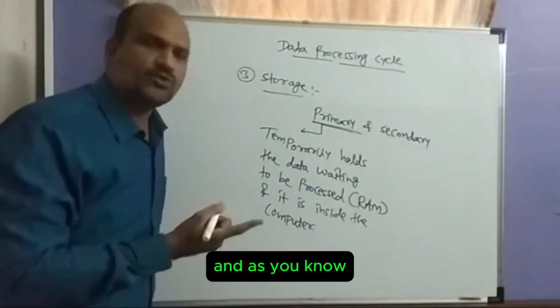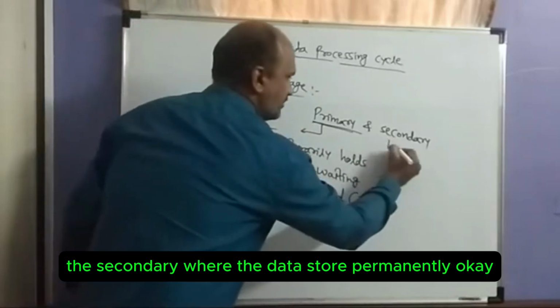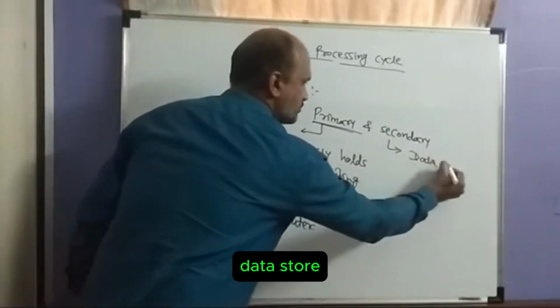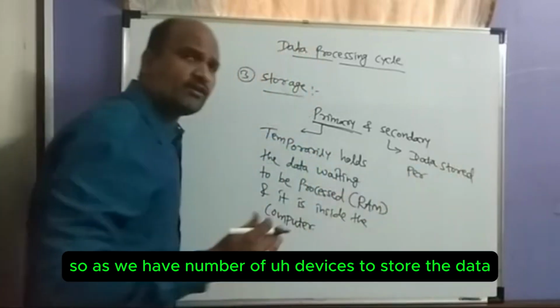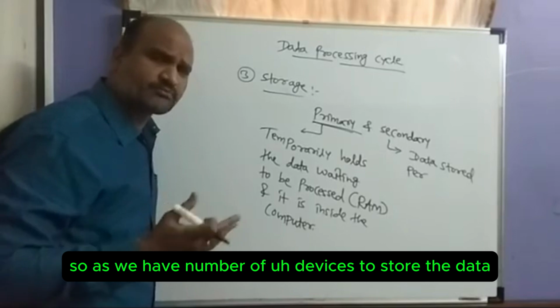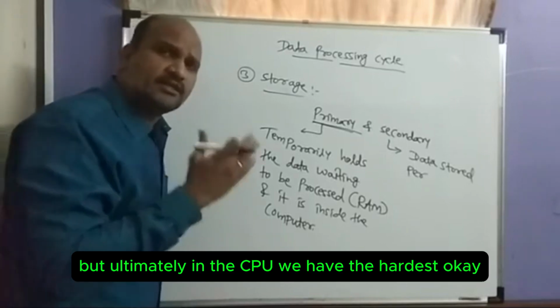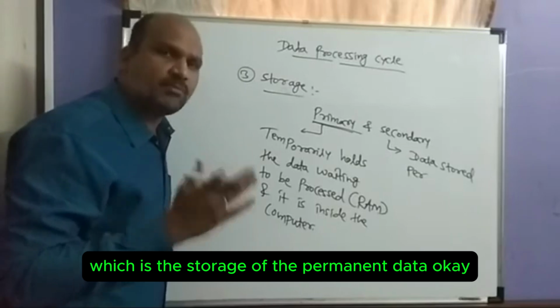And as you know, the secondary is where the data is stored permanently. We have a number of devices to store the data, but ultimately in the CPU we have the hard disk, which stores the permanent data.